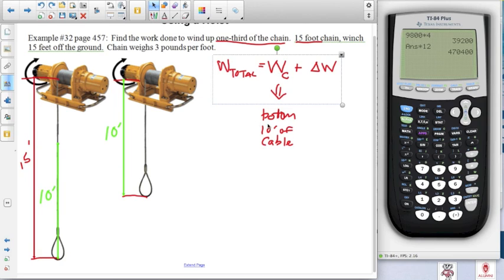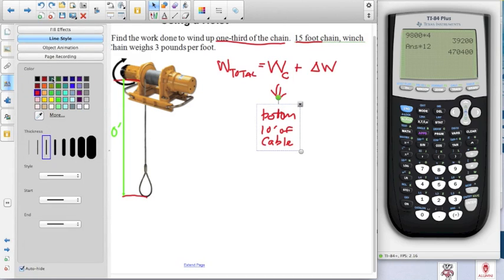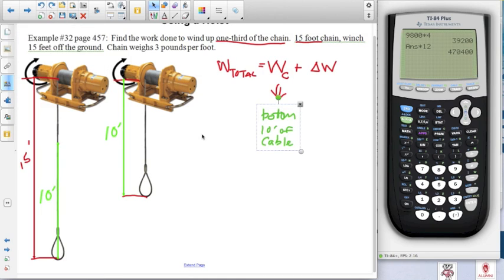If we take a look at that constant part, I'll try to color code this a little better. That constant part is 10 feet of cable, and so we have to figure out the weight of that. We have to figure out the weight of 10 feet of cable, and then times how much we lifted it.